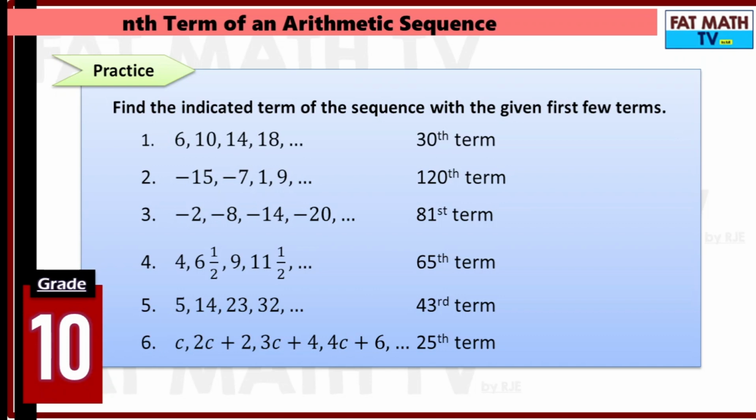Find the 81st term. Number 4, 4, 6.5, 9, 11.5, and so on. Find the 65th term. Number 5, 5, 14, 23, 32. Find the 43rd term. Number 6, C, 2C plus 2, 3C plus 4, 4C plus 6. Find the 25th term.